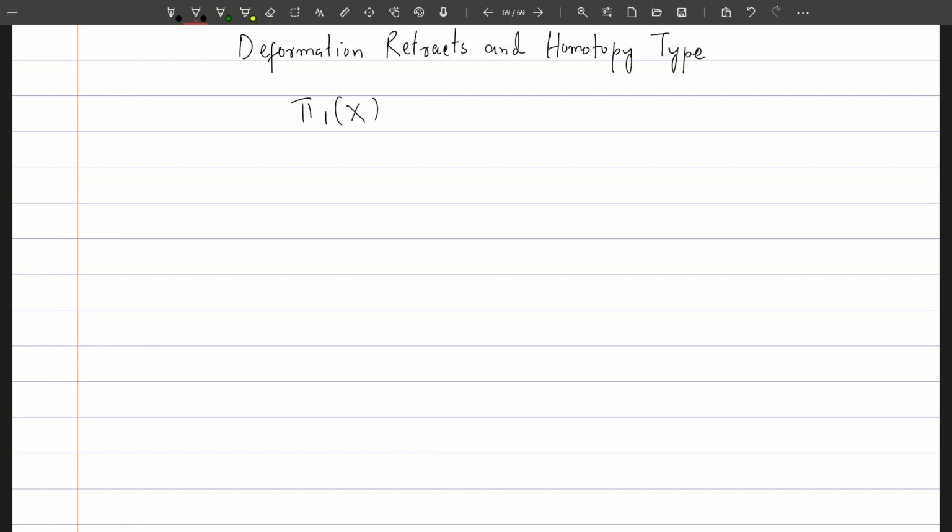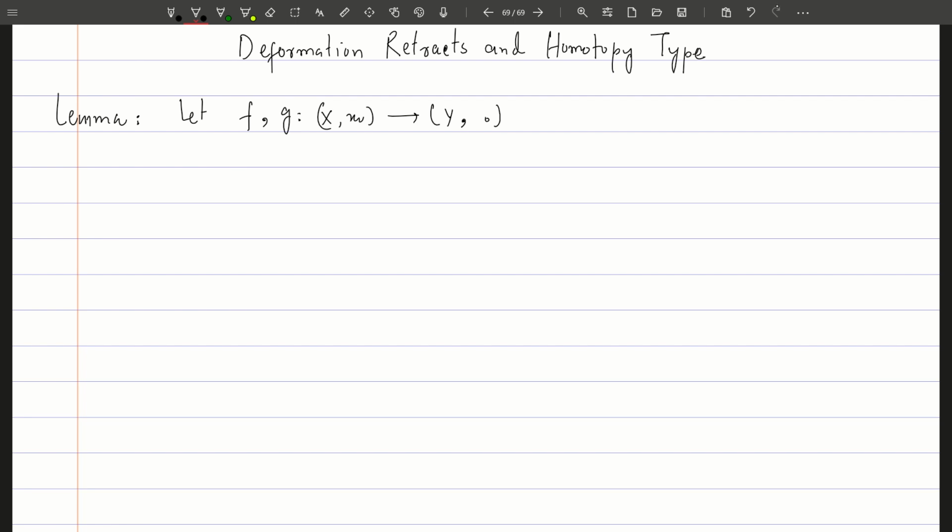Now before we discuss deformation, retracts, and homotopy type, we have this lemma over here. It states that, let f and g be two maps from X to Y, where X and Y are given to be spaces.